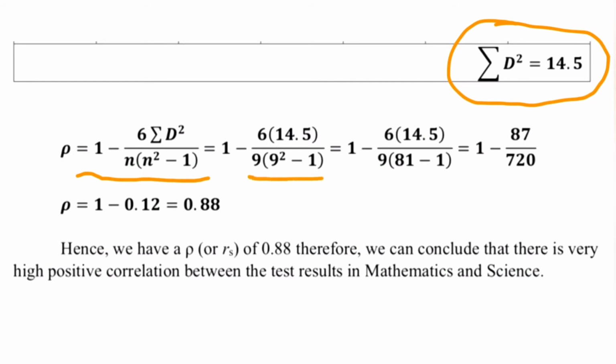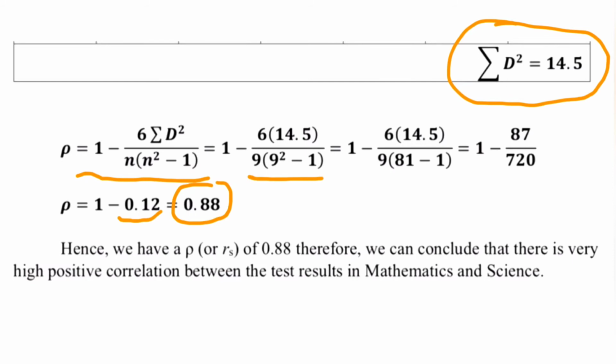So 1 minus 6 times 14.5 all over 9 times 81 minus 1, which equals 1 minus 87 all over 720. Then when we divide 87 by 720, the answer is 0.12. So 1 minus 0.12, therefore our Rho or Spearman rank correlation is 0.88.